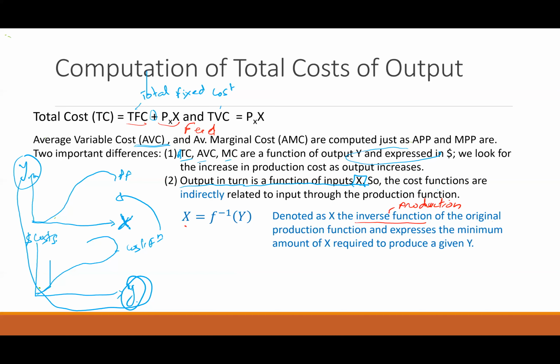We can represent the indirect representation of that function by this equation here that we call the inverse production function, which puts X as 1 divided by Y function.